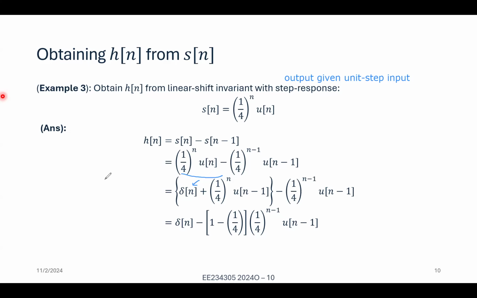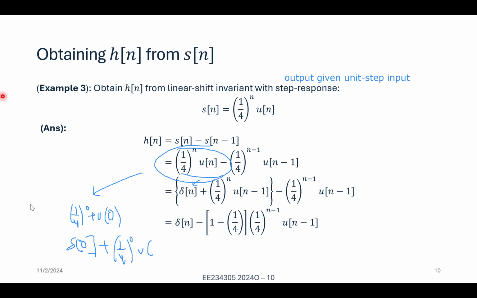So this is 1/4 to the power of n un, right? So if n is 0, this would be 1/4 to the power of 0 times u0. So that means we can break this down into delta 0 plus 1/4 to the power of 0 u n minus 1.